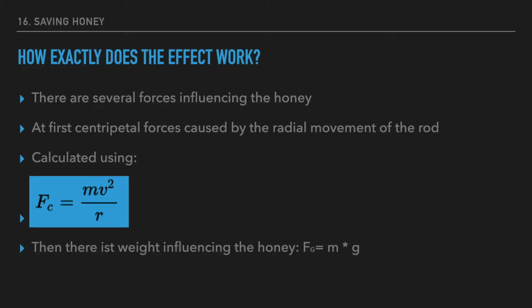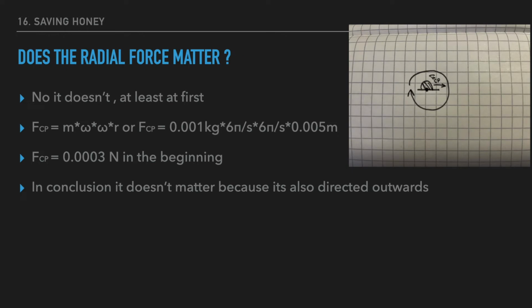So how exactly does this work now? Well, there are several forces influencing the honey. At first, the centripetal force caused by the radial movement of the rod, which can be calculated using either this formula or the one that I'm going to show you on the next page. And there is also weight influencing the honey. So does the centripetal or radial force matter? In short, it doesn't, at least at first.